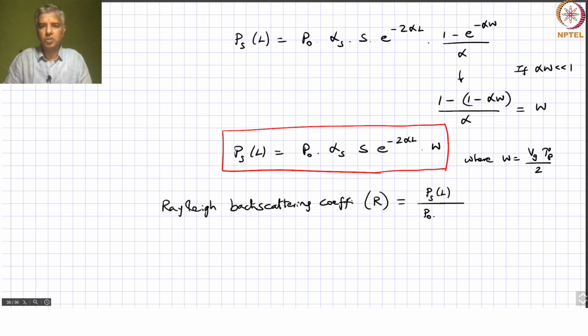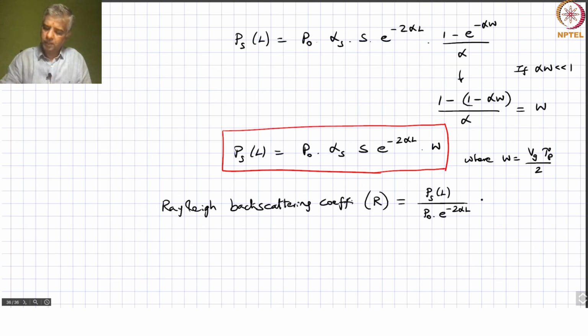So we need to make sure that we account for that. Normally without the scattering, you would have still encountered this background loss, that is e power minus 2 alpha L. So P naught multiplied by e power minus 2 alpha L is the power that's available at that point at L. And then with respect to that, you have a certain power that is backscattered. Now it accounts for all other losses. So that's why we call this the backscattering coefficient at that point. Okay, so that is what it's typically referred to.